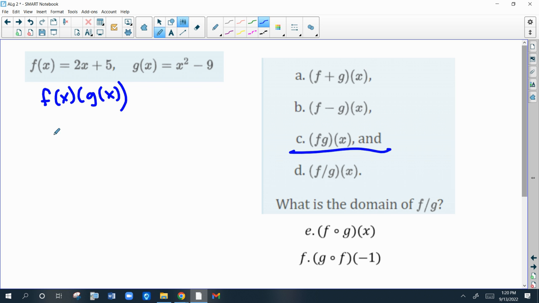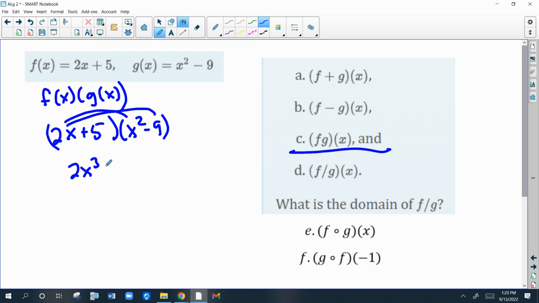I think I have an extra parenthesis there, but it doesn't matter. 2x plus 5 times x squared minus 9. FOIL, or distribute. 2x times x squared is 2x cubed. 2x times a negative 9 is a negative 18x. 5 times x squared is 5x squared. And 5 times a negative 9 is a negative 45.